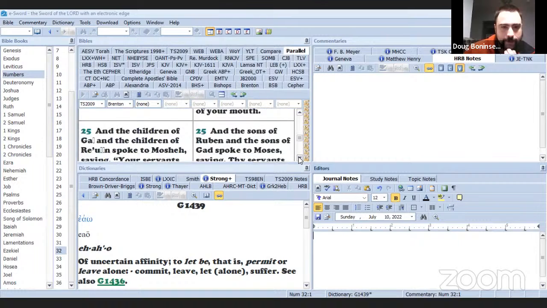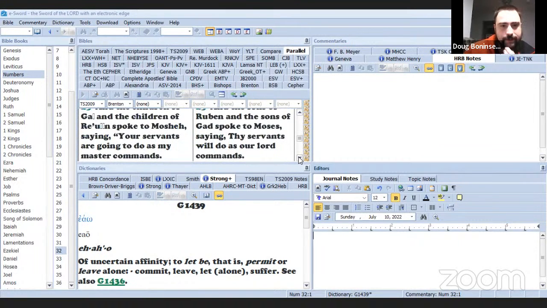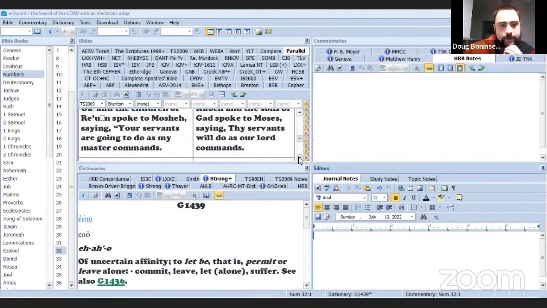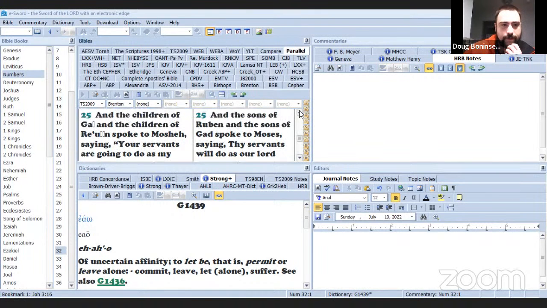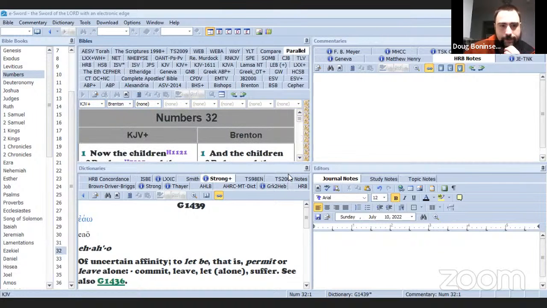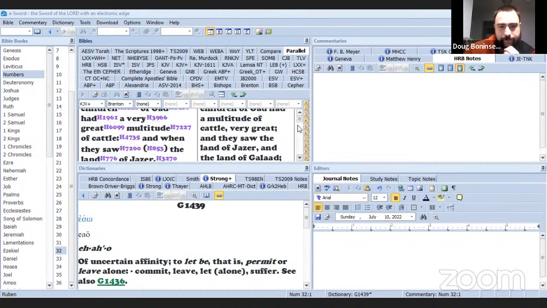Wow. All right, the sons of Reuben and the sons of Gad spoke to Moshe, saying, your servants will do as our master commands. Now, the problem is, once you go to the Masoretic here for master or Lord, here's what happens.